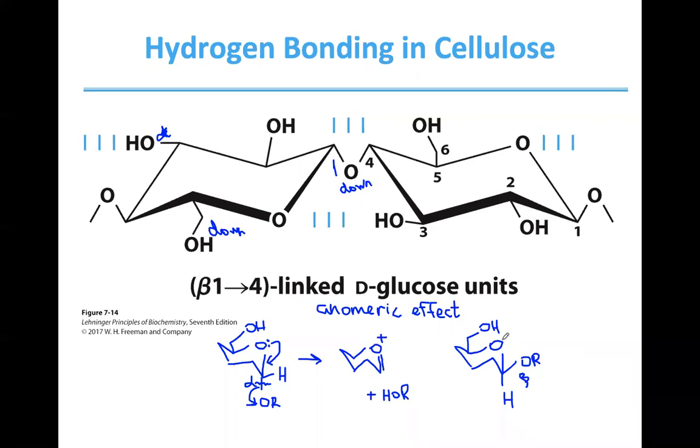Now, for the beta, this stereoelectronically is impossible because this is like an SN2 reaction. You have to kick from behind. And here the same thing, you have to kick from behind. But this cannot kick from behind. You would have to go all the way around. Impossible.